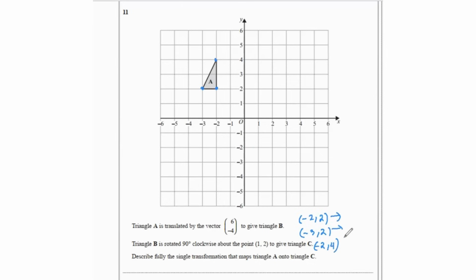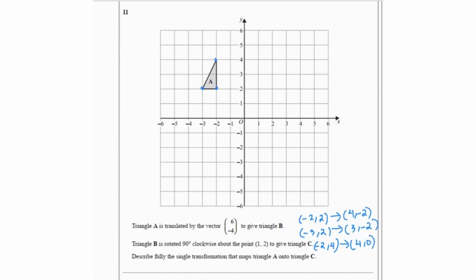So when you translate these by the vector (6, negative 4), to negative 2 we'll add 6 and to 2 we'll add negative 4. So basically to all the x values we're going to add 6 and to all the y values we will add negative 4. So this becomes (4, negative 2). Then we have (3, negative 2). And lastly (4, 0).